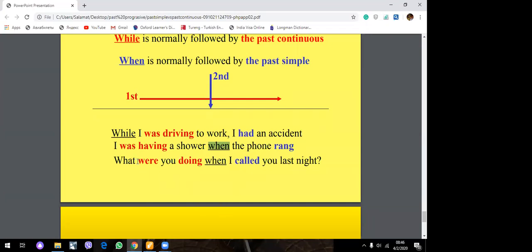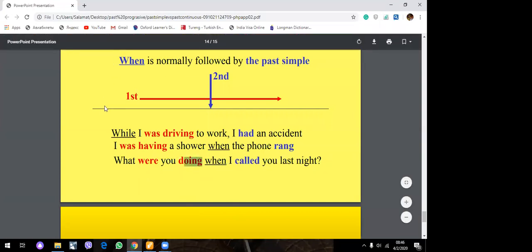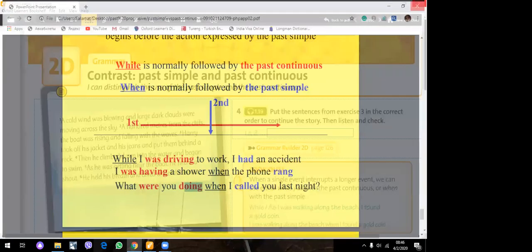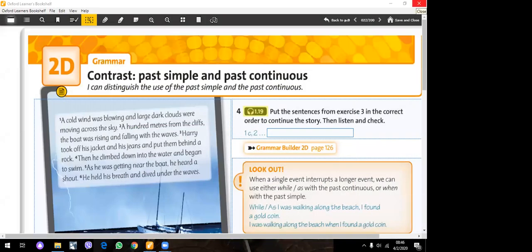Okay, what were you doing when I called you? You see, we use after when the past simple, not ing form. We use ing form after while. We use it with past continuous tense. Okay? Now open your book and let's continue with our book.